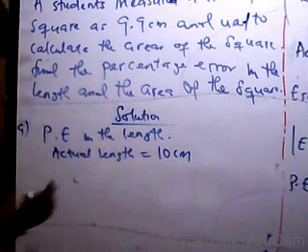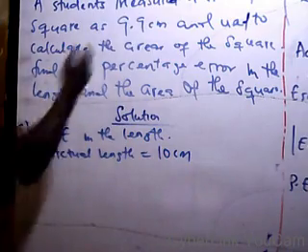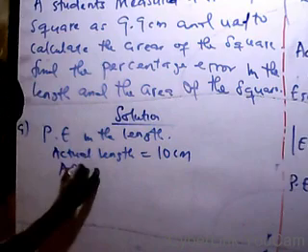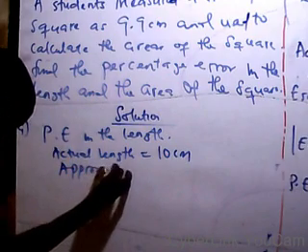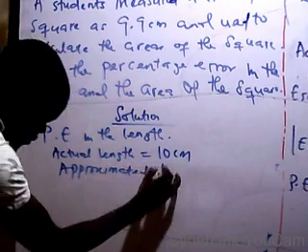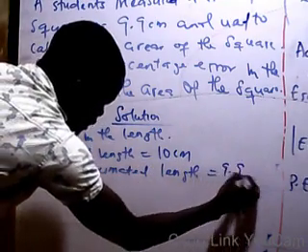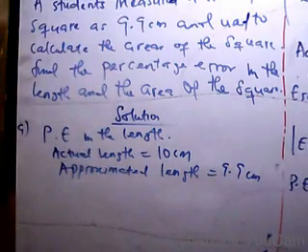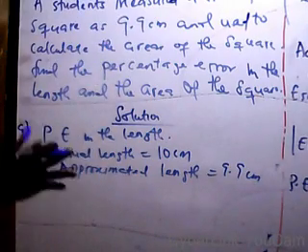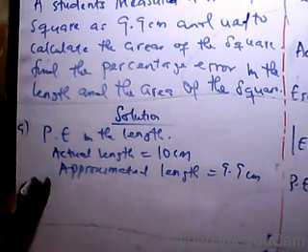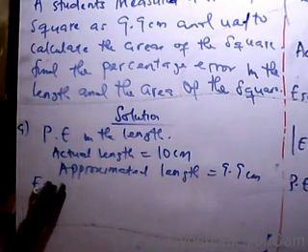And the approximated length which the student measured is 9.9 centimeter, which means the error in that length is what?